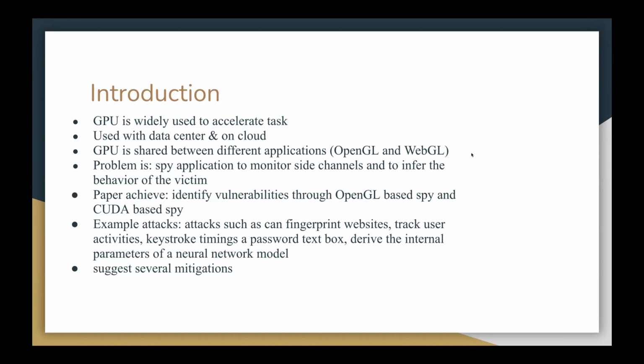What the paper achieved is that it successfully identified vulnerabilities through an OpenGL-based spy and a CUDA-based spy. Example attacks include fingerprinting websites, tracking user activities, key strike timing like a password typed in, and deriving the internal parameters of neural network models. The authors also suggested several mitigations to these attacks.